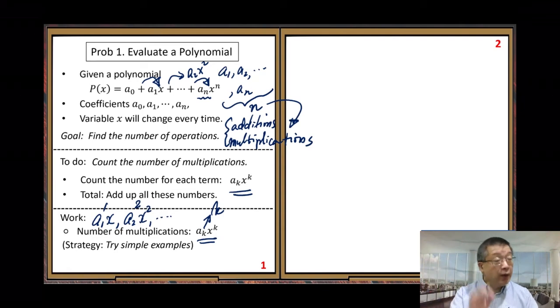So when the subscript equals k, the number of multiplications you need equals k. So that's the induction way we use here. So we can get the answer. For the typical term, the number of multiplications equals this k.